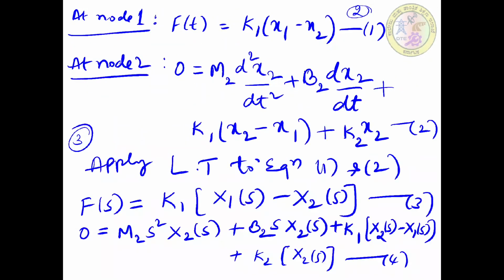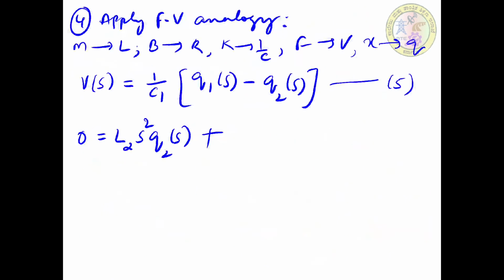Plus, next term, B2 s. B means we have to take the resistance now, so B2 I am replacing as R2 s Q2(s), because they are all connected to only node 2.